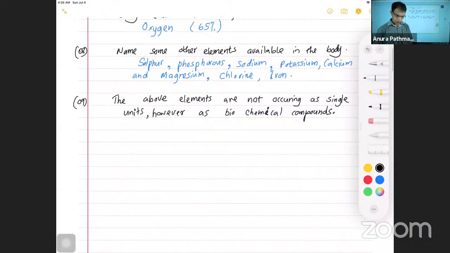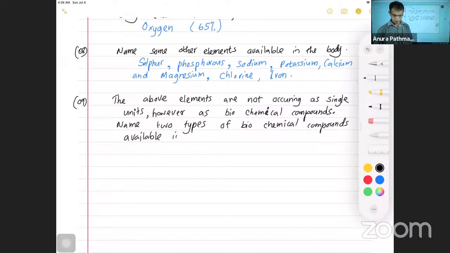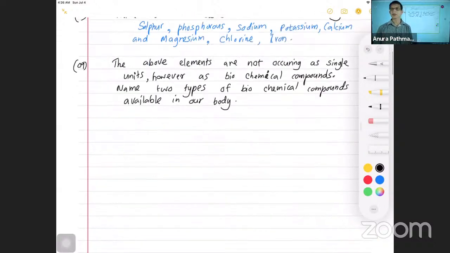Okay. Name 2 types of biochemical compounds available in our body. Can anybody name the 2 types of biochemical compounds available in our body?